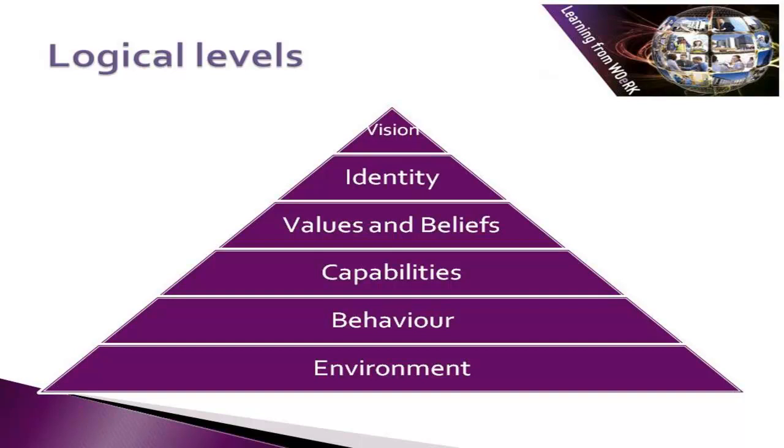Then there is the level of values and beliefs. If you remember, values are what is important to us and how we evaluate what's right or wrong, and beliefs are things that we hold to be true. This is about why. If someone changes their values or beliefs about something, then to bring about alignment, they will want to change their capabilities, their behaviours, and their external environment.